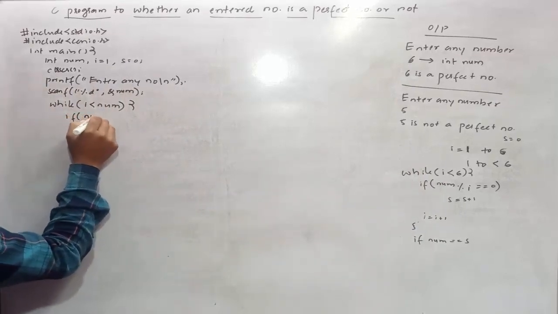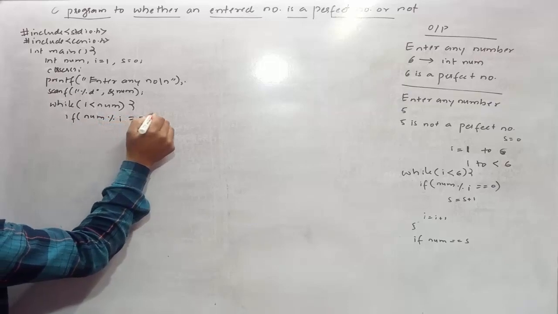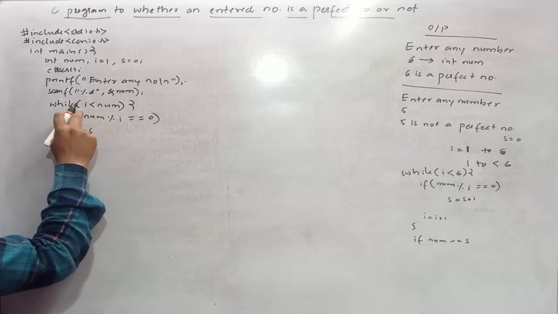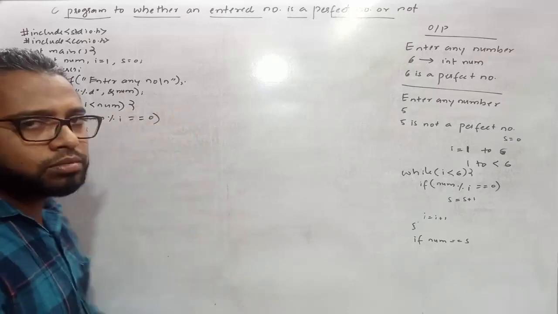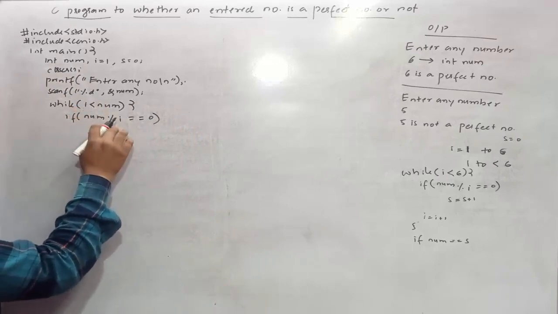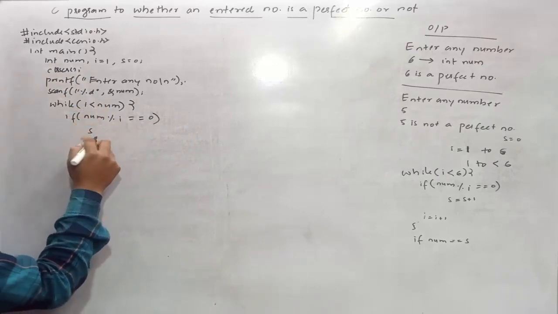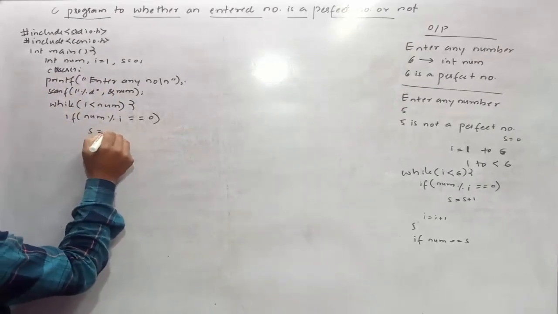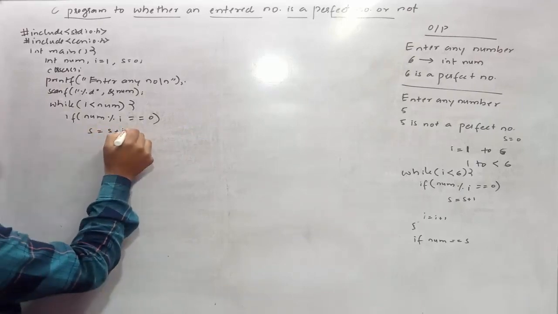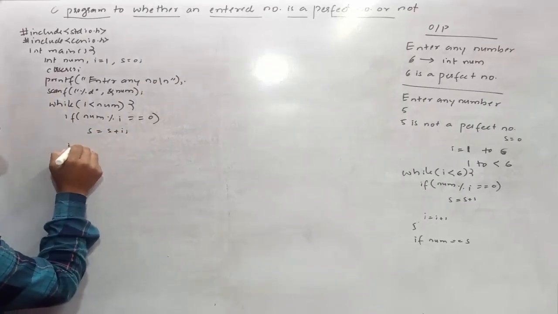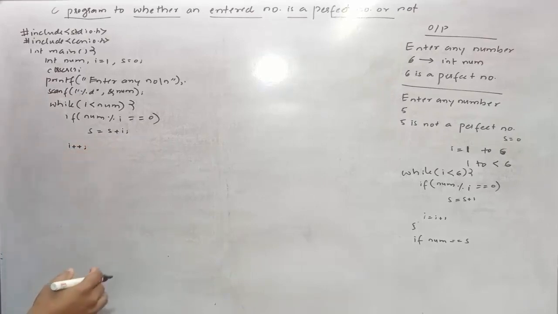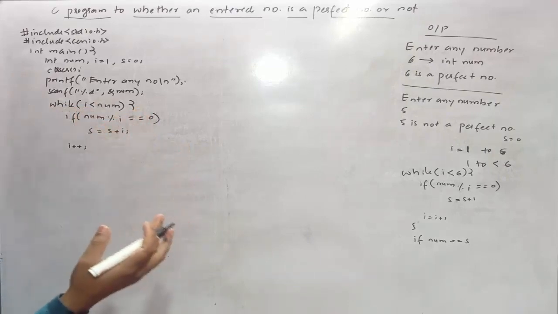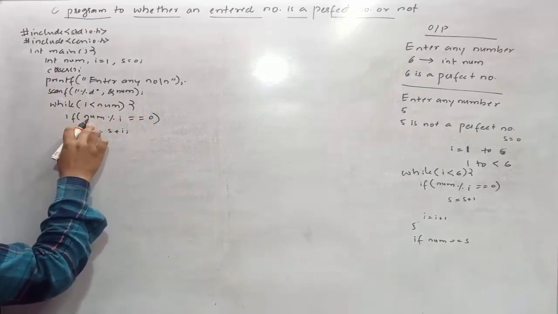If num mod i is equal to 0, then I will add to s. Initially the i value will be 1. Yes, 6 is divisible by 1. So the condition becomes true here, and control will come inside the if to add the value of 1 to s. s equals 0 plus 1. Now s becomes 1. Next, the i value gets incremented by 1. Now i becomes 2. Again the condition checks here: 2 is less than 6. Yes, the condition becomes true. That's why control will come inside the while loop to check the further condition.